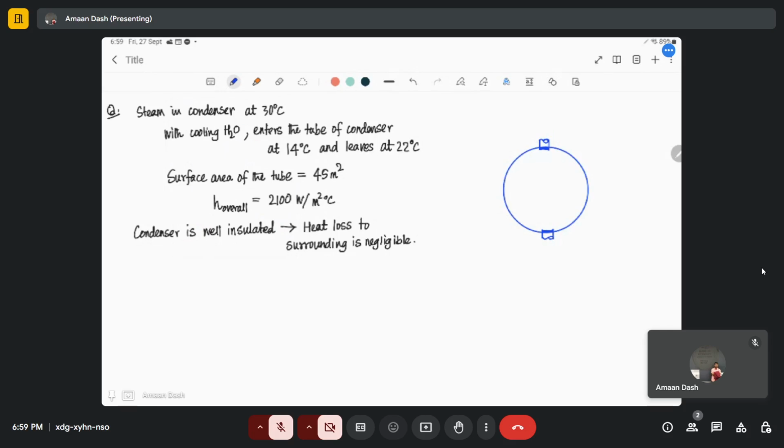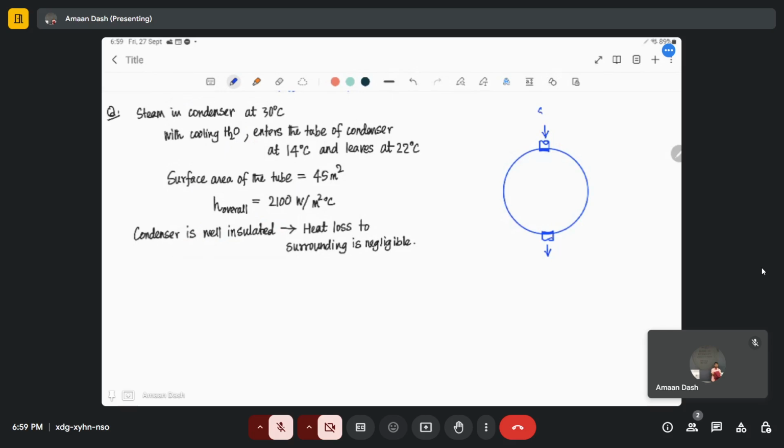Let's say this steam is coming in, and this is steam at 30 degrees Celsius, and here also it is leaving at 30 degrees Celsius.